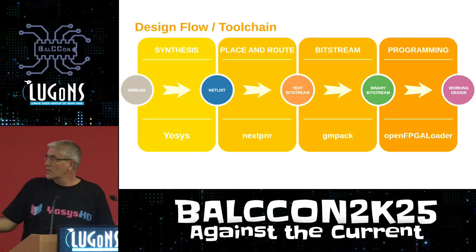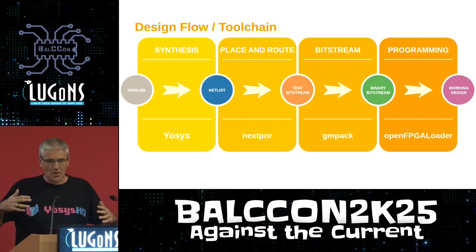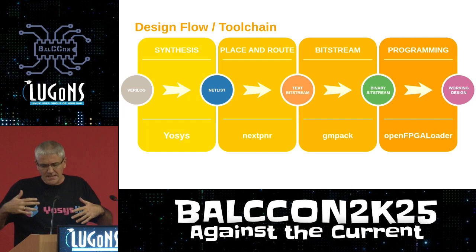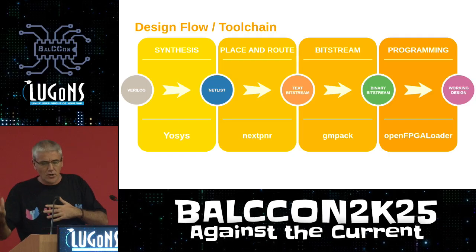For that, we are going to use nextpnr. nextpnr produces a text-based bitstream format, to make debugging easier and to make it agnostic to the actual final bitstream. You can do additional altering of the bitstream afterwards because it's human readable.